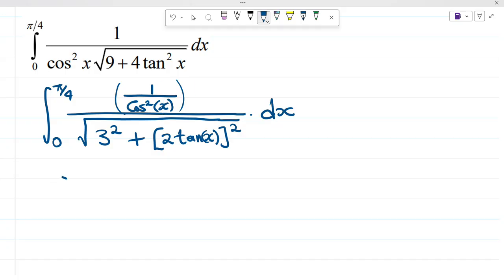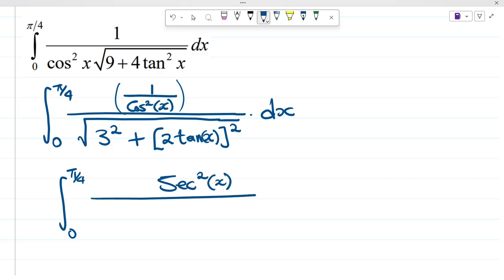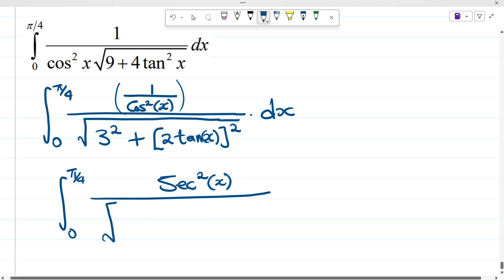So we're only gonna do this for the following step. We're gonna write pi over 4, and then our 0 here, and then we write our sec squared of x divided by the square root of 3 squared plus tan of x squared.